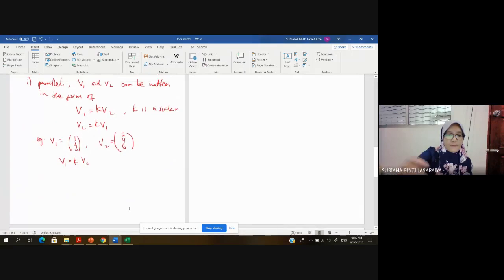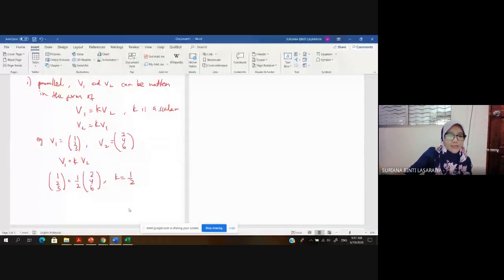So maksudnya we have to show that there exists k, wujud nilai k untuk V1 equals to kV2. Boleh understand kah? So V1 is 1, 2, 3 kan? So V2 is 2, 4, 6. So k will be 1 over 2 kan? K ini wujud. Maksudnya V1 and V2 ini are parallel. Kamu boleh keluarkan dia punya constant itu.